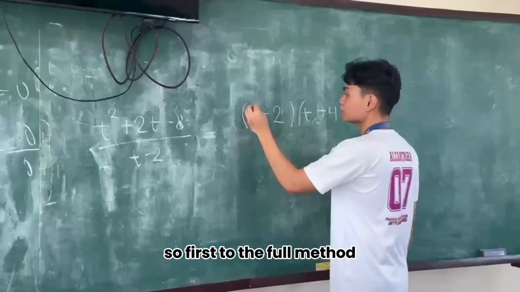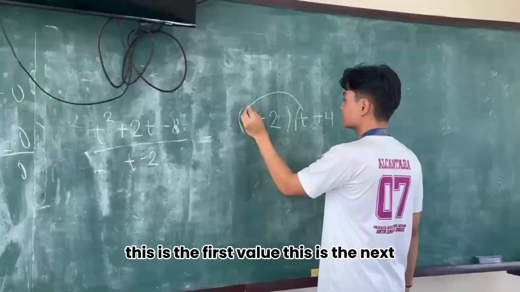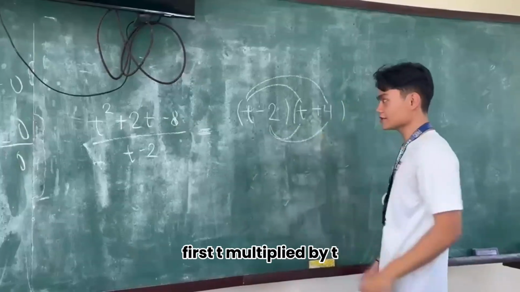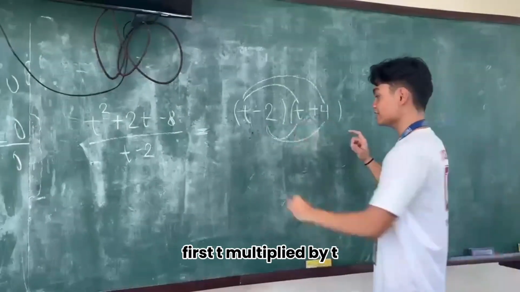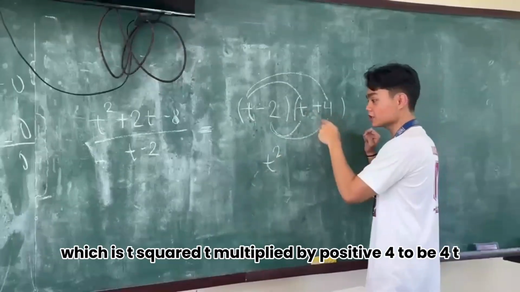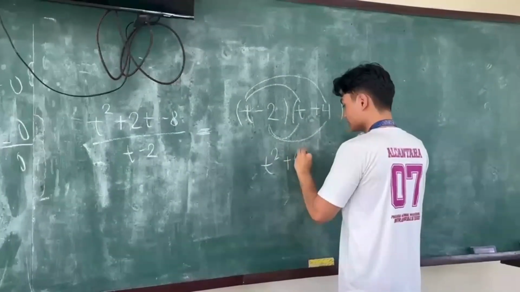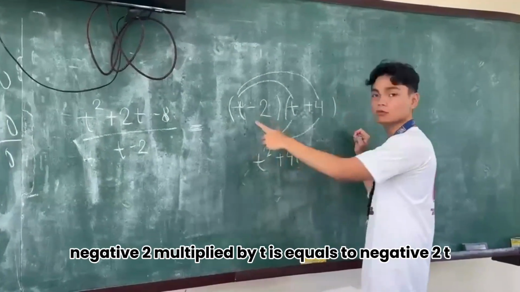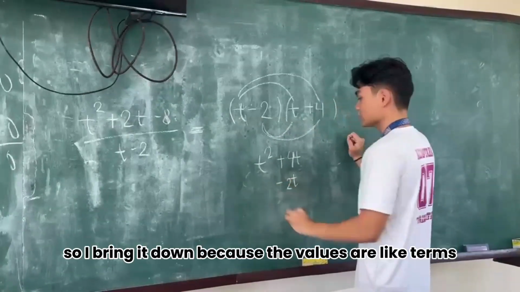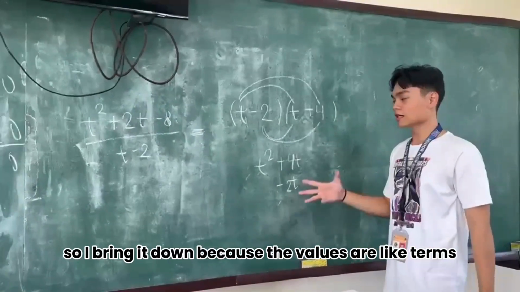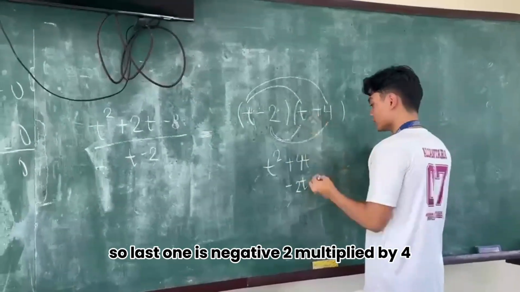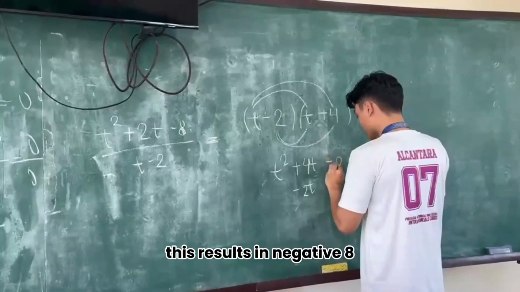So first, with the FOIL method, this is the first value, this is the next, this is the third, and this is the last. First, t multiplied by t, which is t squared. t multiplied by positive 4 will be 4t. Negative 2 multiplied by t is equal to negative 2t. I bring it down because the values are like terms. Last one is negative 2 multiplied by 4, which is negative 8.